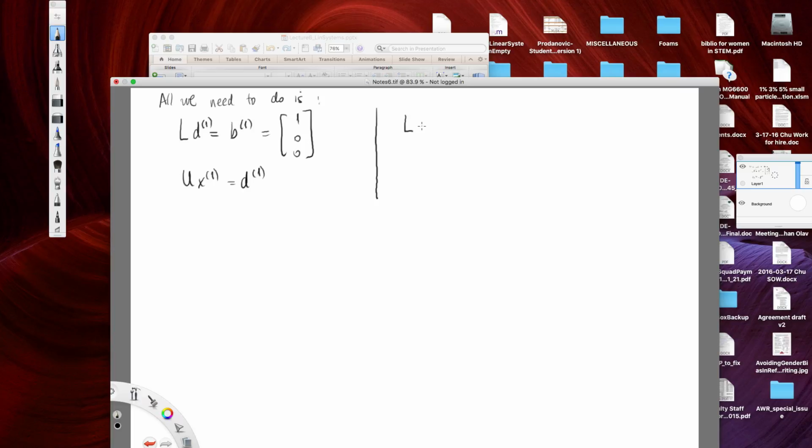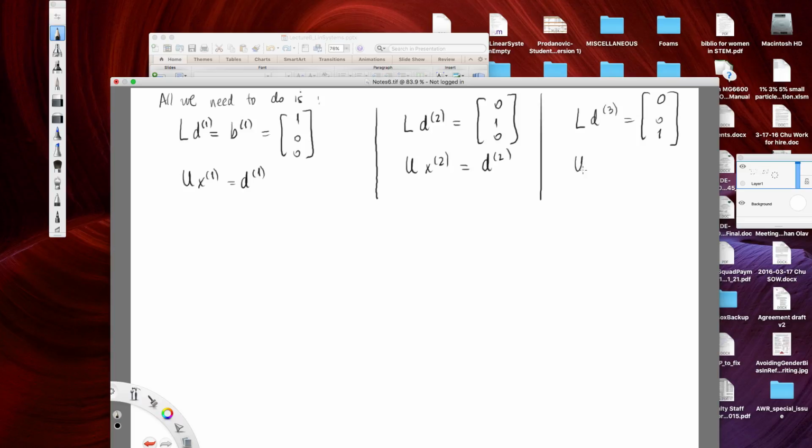And then LD2 equals 0, 1, 0, and UX2 will be this D2. That's the second set of systems. And everybody's like, oh no, 3 sets? Yes, 3 sets. LD3 is 0, 0, 1. And UX3 is this D3 that I find here.